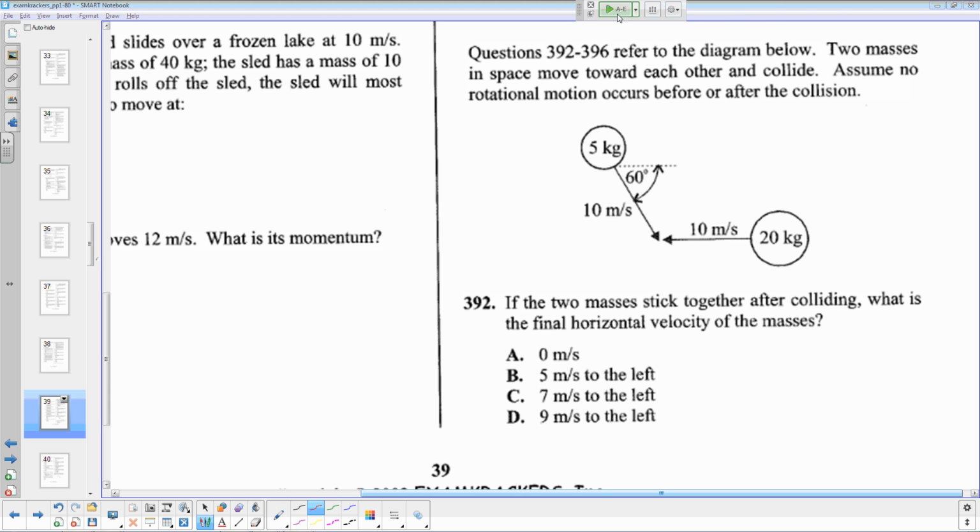All right, so let's try this. They're going to stick together, and I want to know the final horizontal velocity.